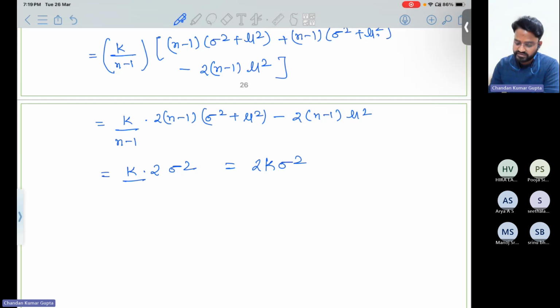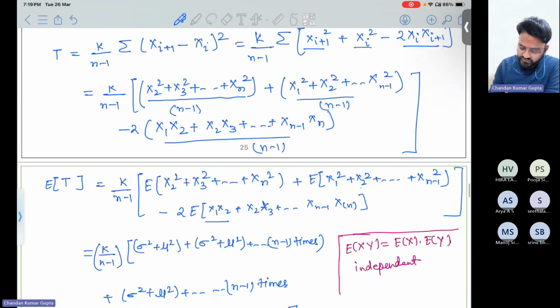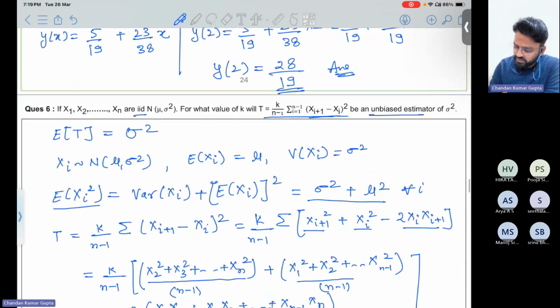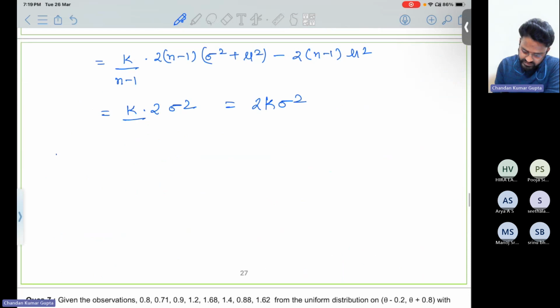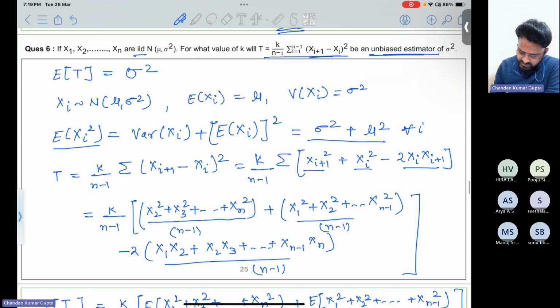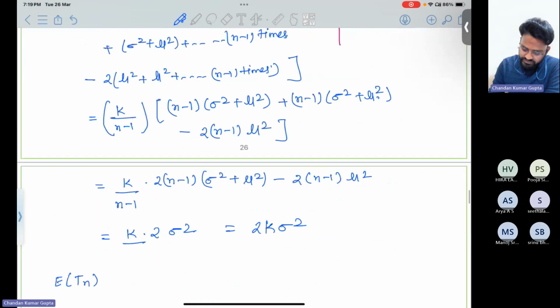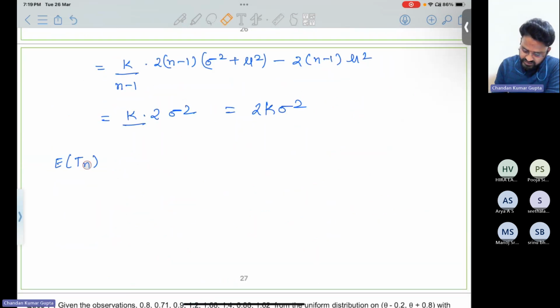Okay, and if it is an unbiased estimator of sigma square, that means the expected value of T is sigma square, which we calculated as twice of k sigma square, and from here k equals 1 by 2.